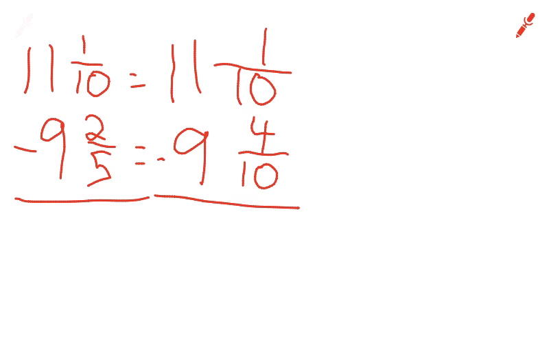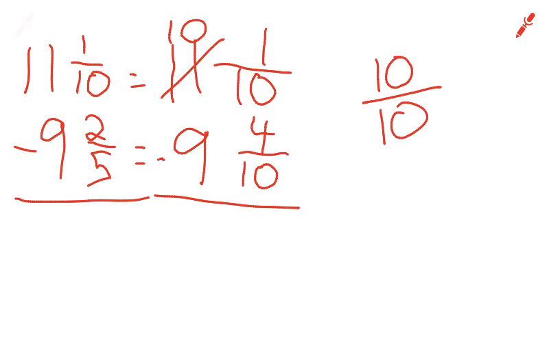Next is borrowing, because we can't take 4 away from 1. So we borrow from the 11, and we're left with 10. The 1 that we borrowed is 10 over 10, plus the 1 over 10 we have here.